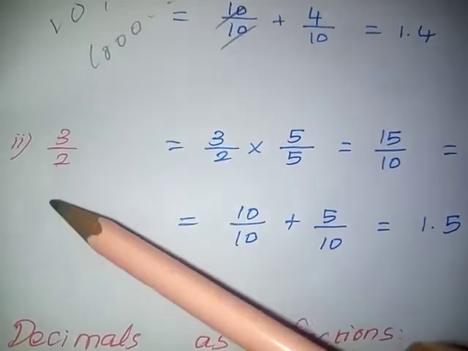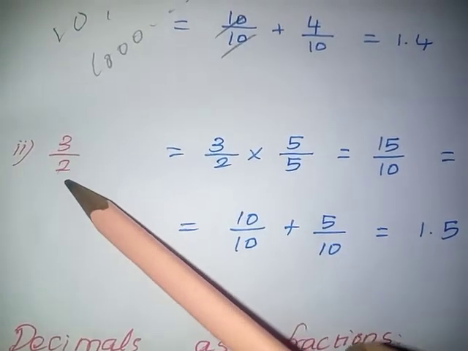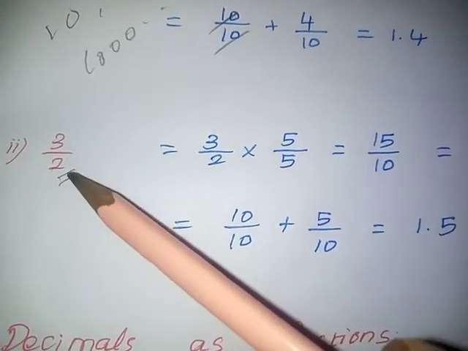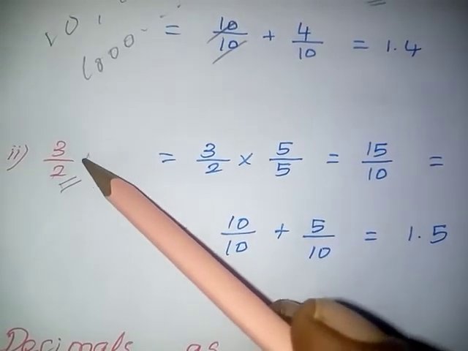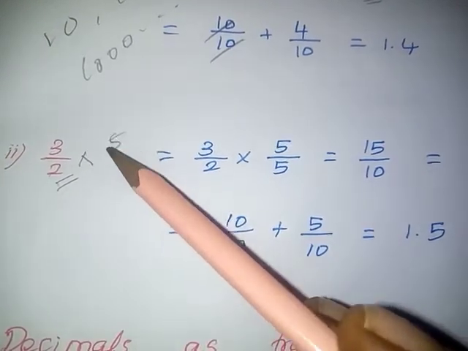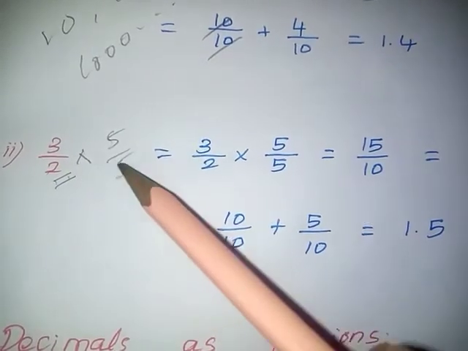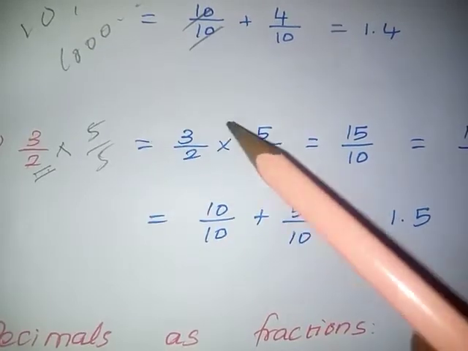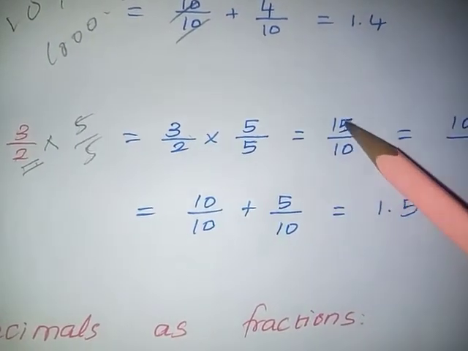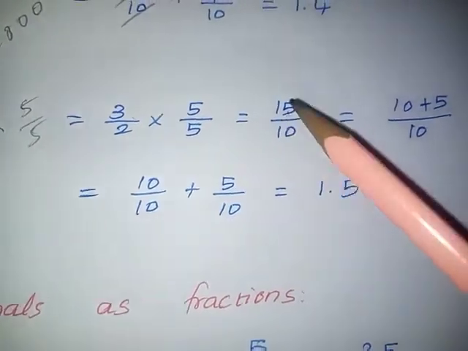Question number 2: 3/2. Here the denominator is 2. So we have to change the denominator to 10. So we multiply by 5/5 because 2 5s are 10. So the numerator also we multiply by 5. So 3 5s are 15 and 2 5s are 10.